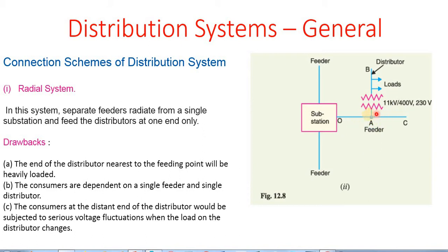As at this point, A is connected with a distributor, and then service mains are shown also. Similarly, there may be other points on this feeder, but all these are radially connected with each other, or we can say that it is a star topology.